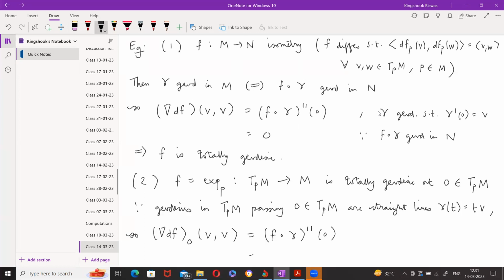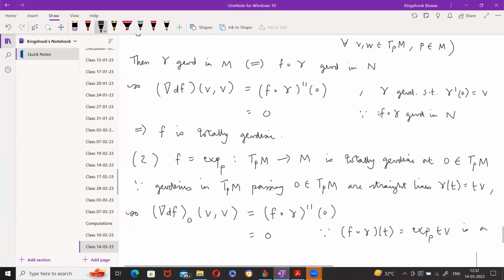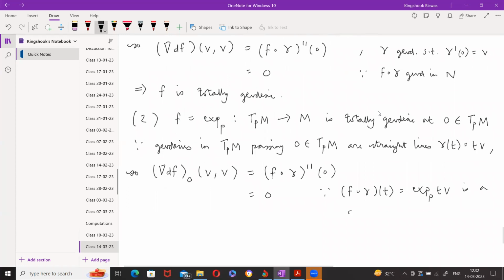This is 0 because F composed gamma of t is just exp of tV. This we've already seen is a geodesic, right? In N. Is this clear? Yes, sir.